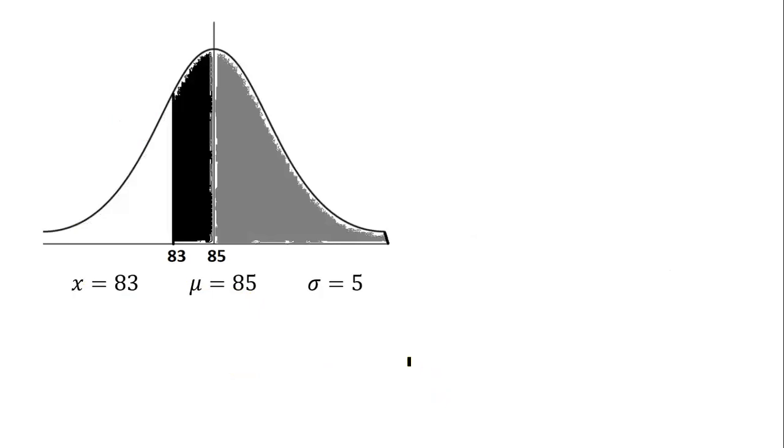Now, this graph tells us that it is not just simply the area from 83 to 85, but also included here is the area from 85 and above, or should we say the entire right side of the normal curve. So in short, we are asked to determine the probability of those who scored 83 and above.